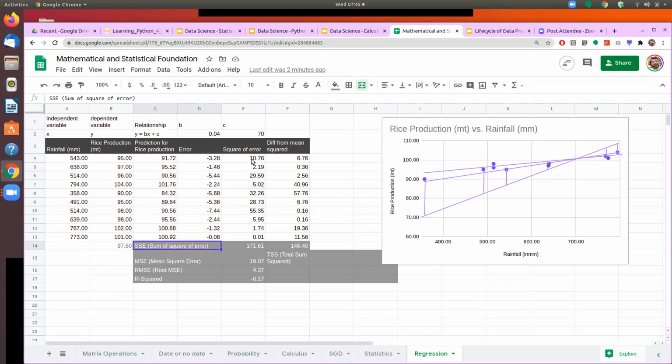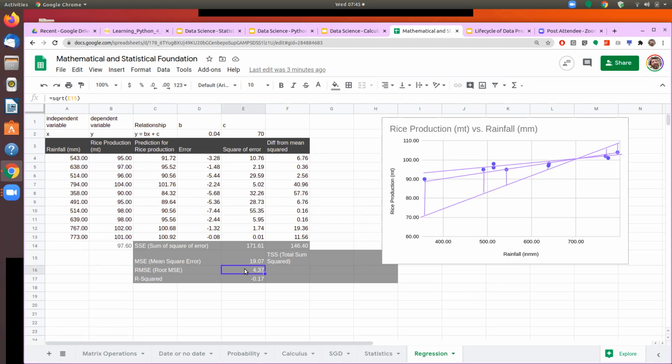But we want to find out what is the average error. So we divide that by the number of observations we have. And then we find the mean square error. But now we need to take a square root because we had squared these errors, and that becomes my RMSE, which is a very important measure of how much is the deviation.